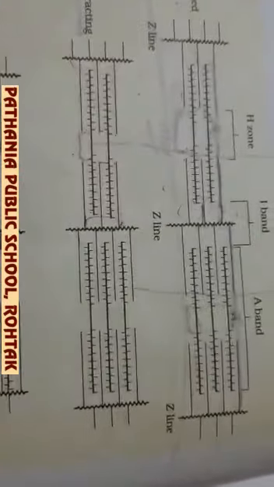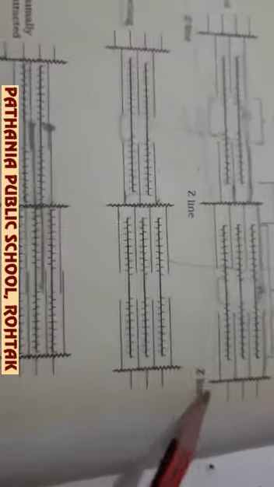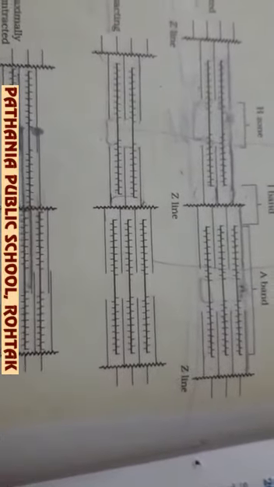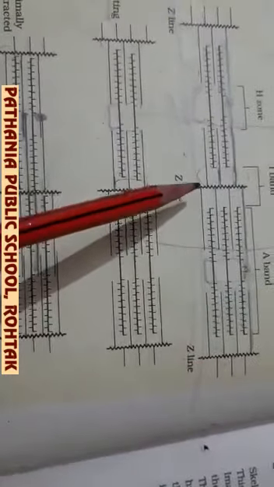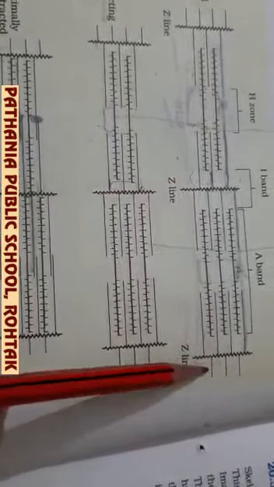Now what about this diagram? This diagram is showing the various stages of muscle contraction. Here you can see these are the Z lines.